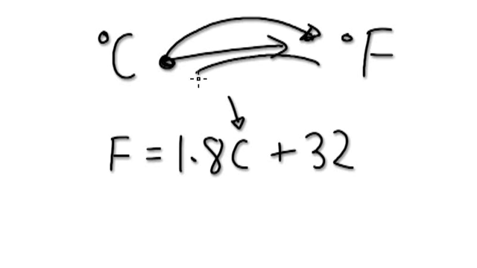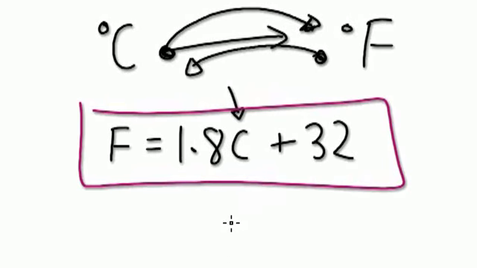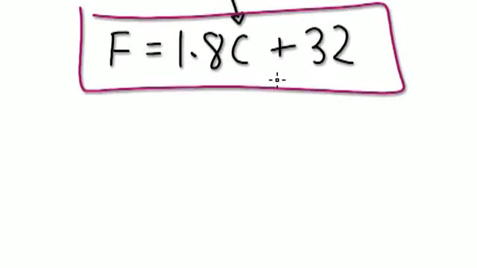But if we want to go the other way, from F jump to C, we can rearrange this very same formula here. Let's rearrange it so that C stands on its own. So take F down, take away 32 from both sides.